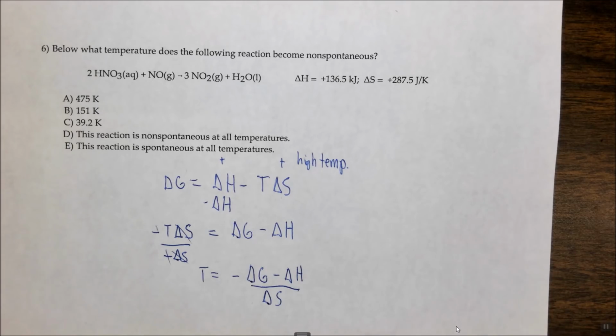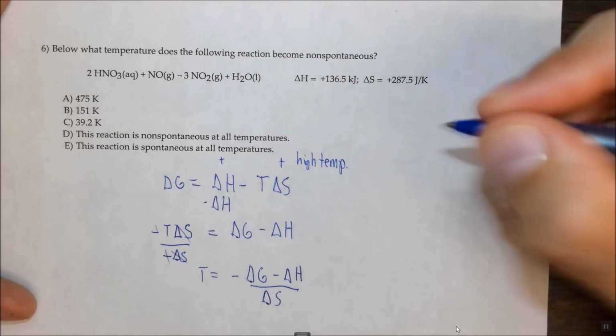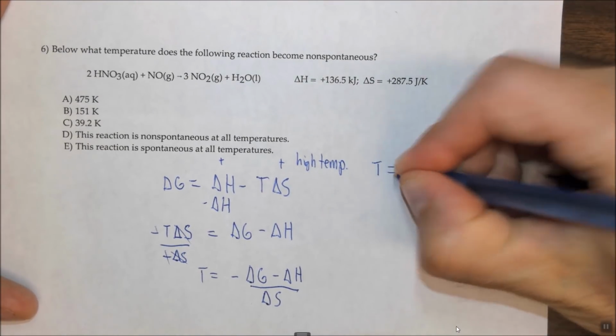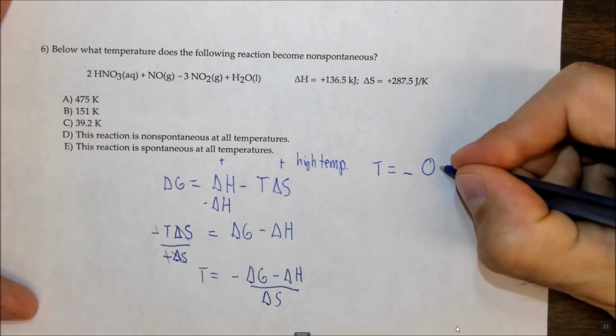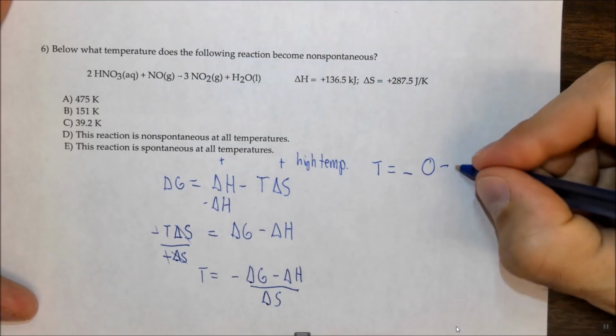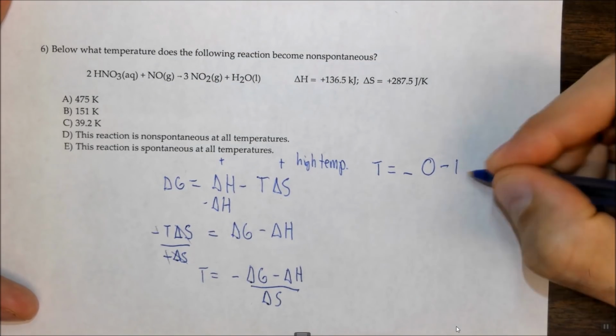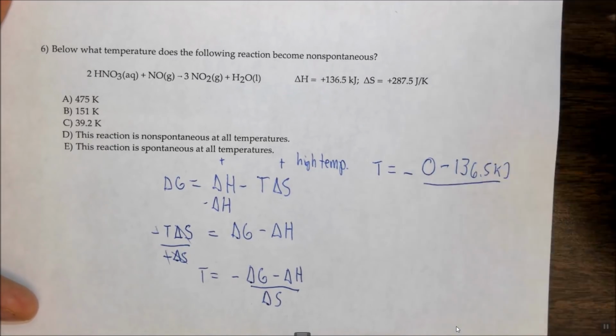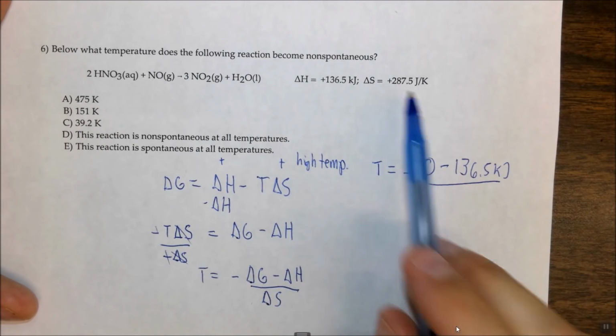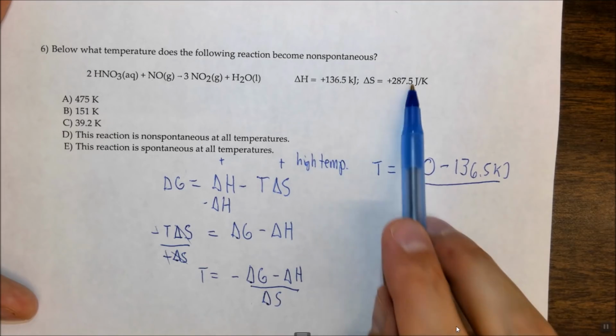So we're going to set delta G to be 0. So what we're going to do is T equals negative 0 minus delta H, minus 136.5 kilojoules, divided by delta S, but it has to be in kilojoules.